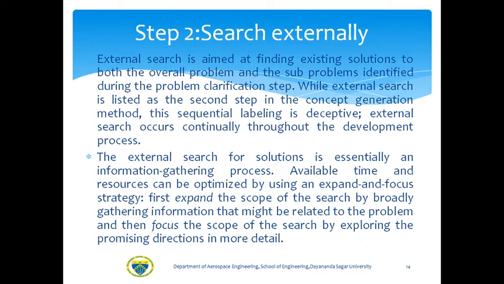For that searching, you need to look at various resources. One could be open literature, one could be internet searching. We all know that we use Google for a lot of searching.